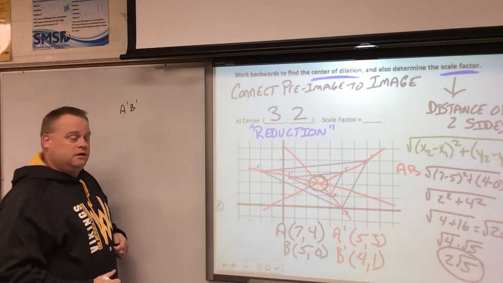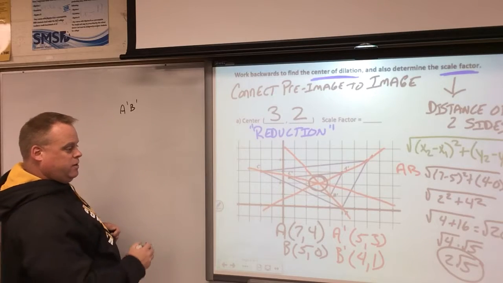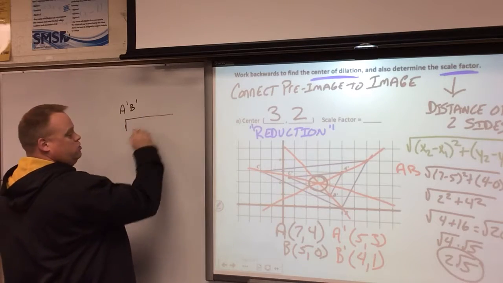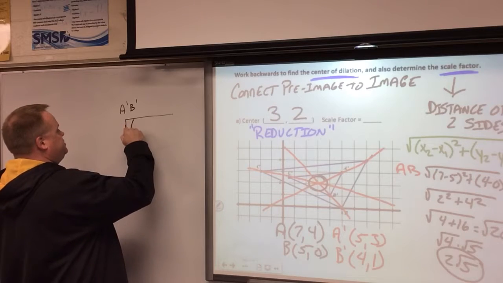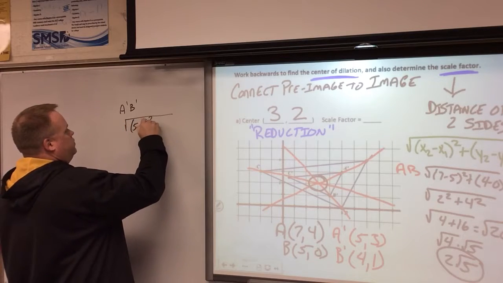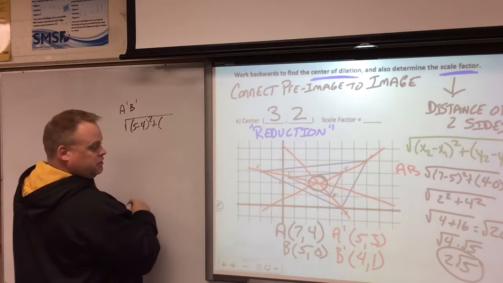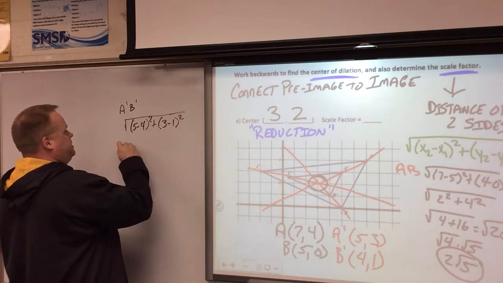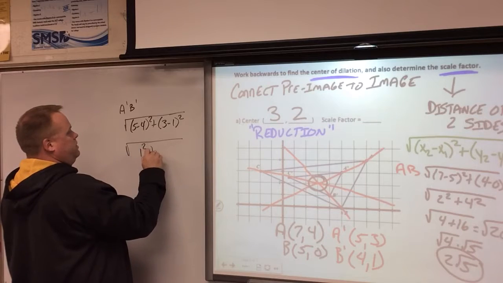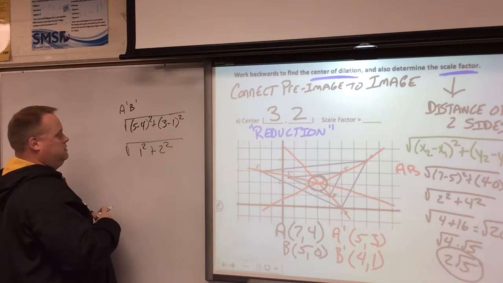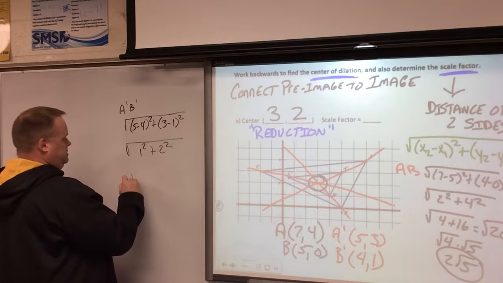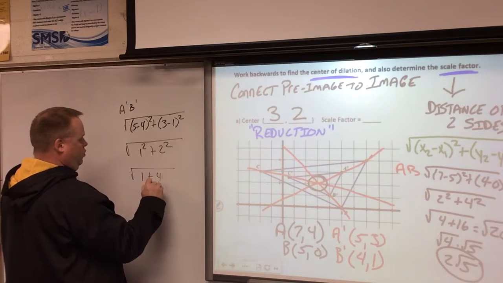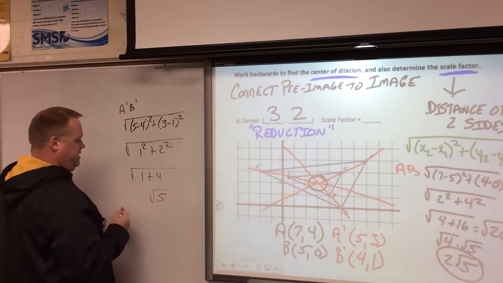Hopefully you can see me as you see what I'm doing. So A prime, the square root of 5 minus 4 squared plus 3 minus 1 squared. That becomes the square root of 1 squared plus 2 squared. That is 1 plus 4, or the square root of 5.